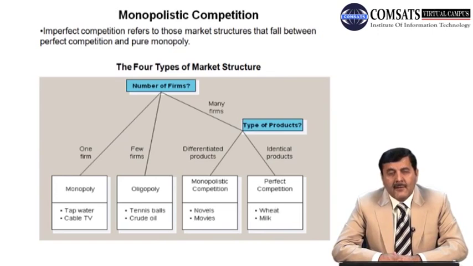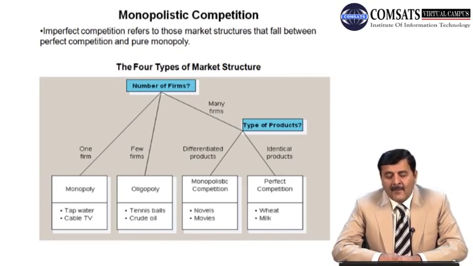Now we'll come to the other 2 market structures, which are monopolistic competition and perfect competition. So here we can bring the second factor also into consideration while differentiating between these 2, and that factor is the type of product, and of course we have to look at the number of firms also.